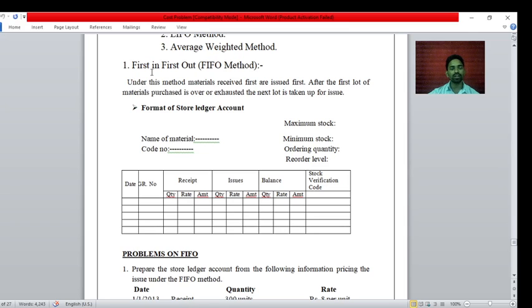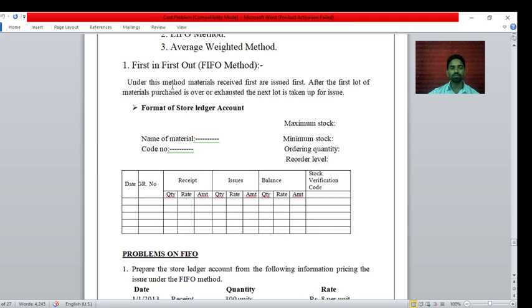Under the FIFO method, materials received first are issued first. After the first lot of materials purchased is exhausted, the next lot is taken up for issue.